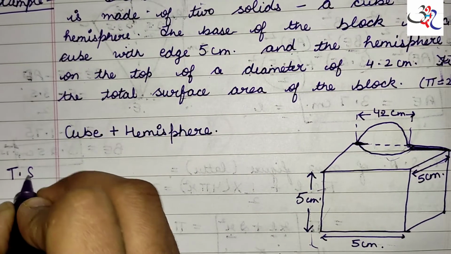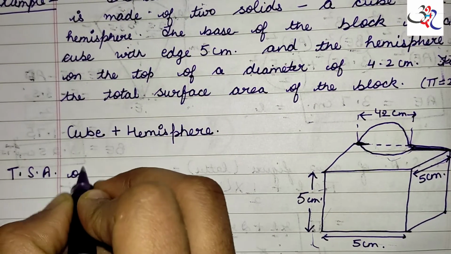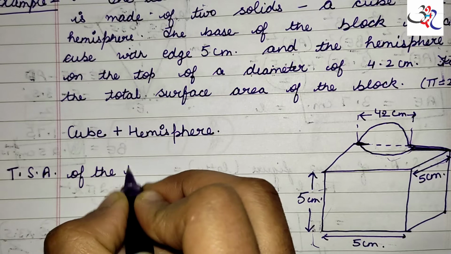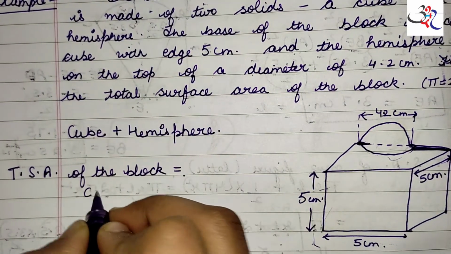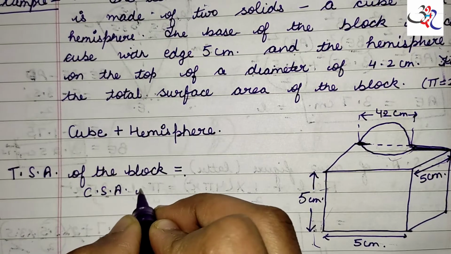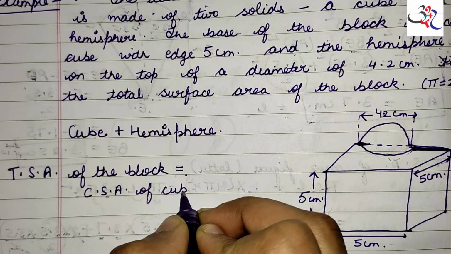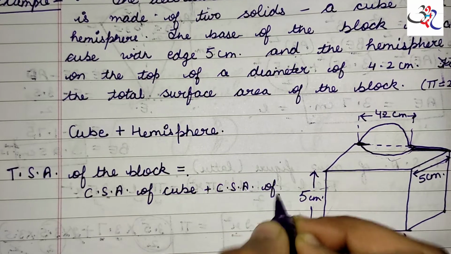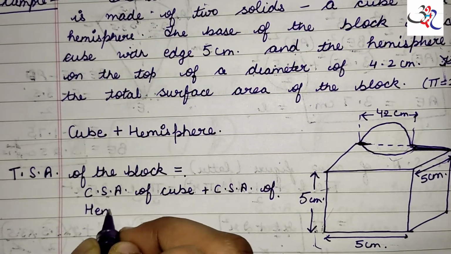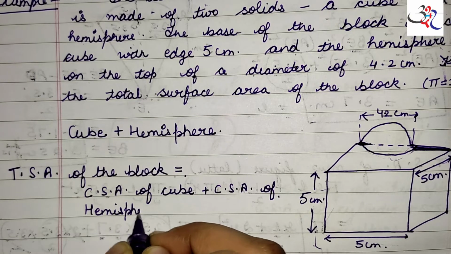So I have to find out the total surface area of the block. To find out the total surface area of the block, what do we do? We have to find out the surface area of the cube plus curved surface area of the hemisphere. Okay.